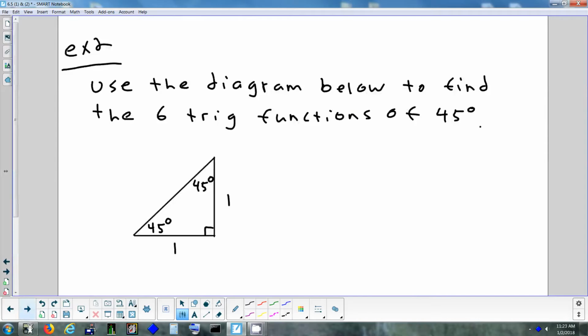Okay, so let's go through 6 trig functions of 45. I want to do this one because you've seen these numbers before. Okay, what's the first thing I have to do, or that I should do? Because they want me to find all 6, I don't have enough information right now.